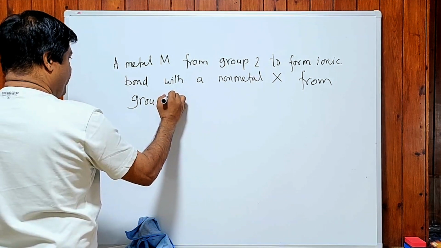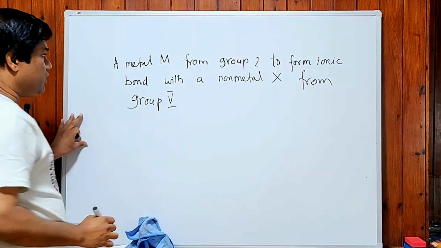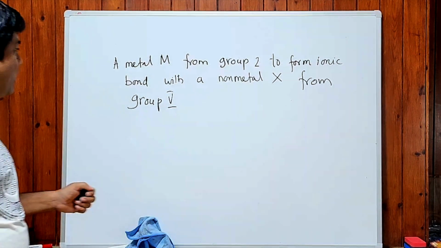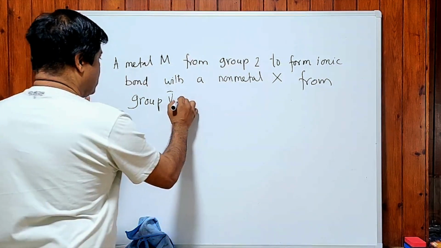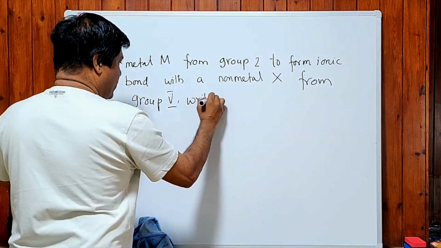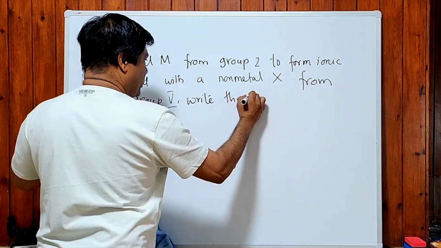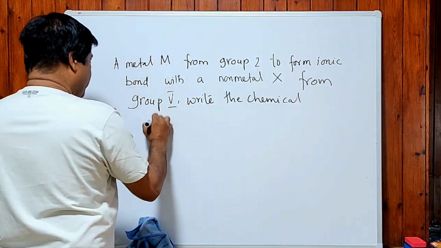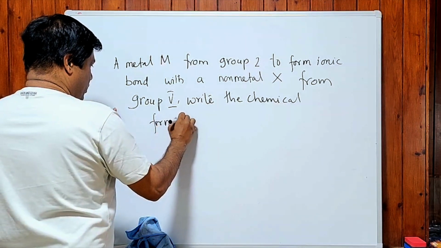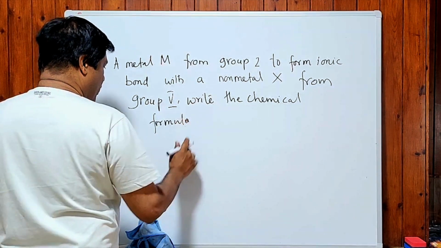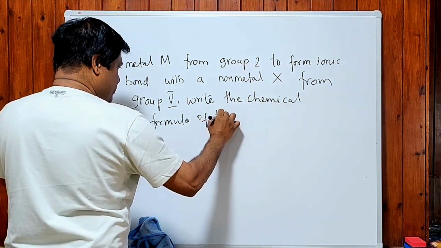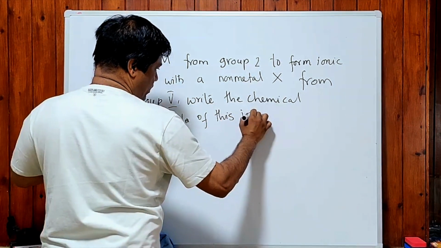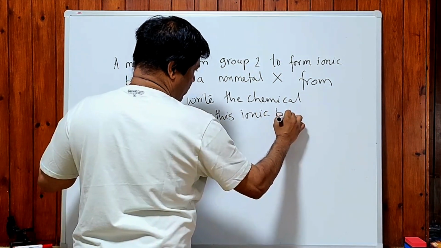Group 5. Do you want to write the chemical formula? So write the chemical formula of this ionic compound.